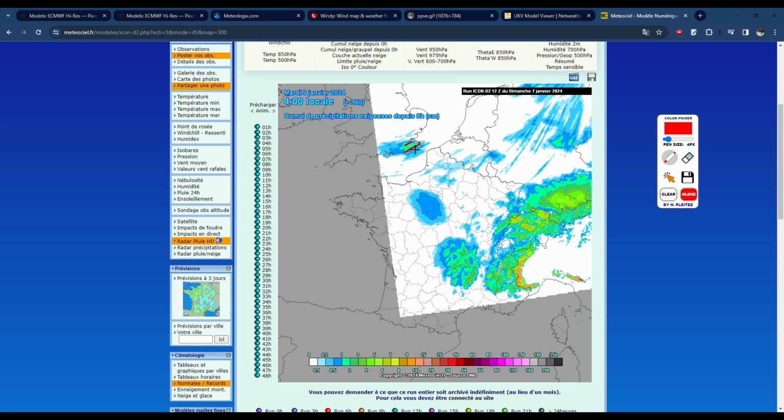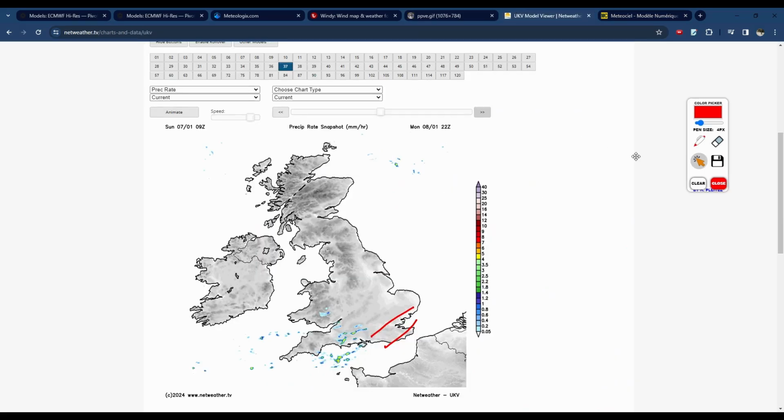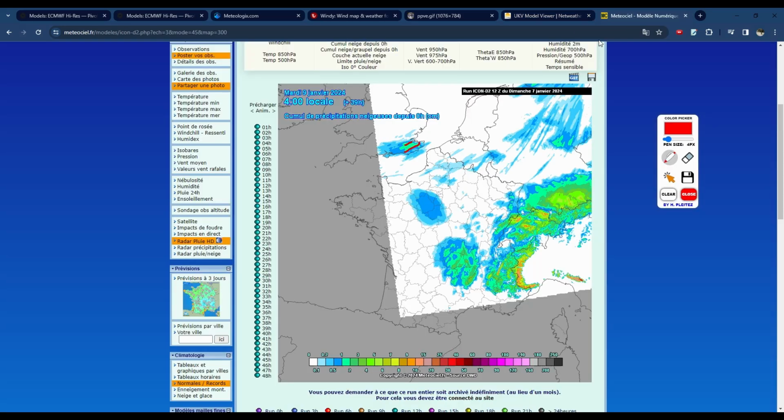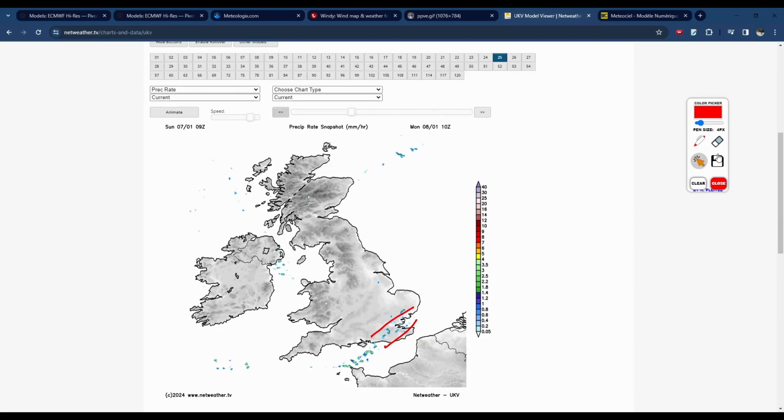So it's possible that in reality we might even see more showers than what the UKV is showing, and we could see a more widespread snow threat. So this model here is not completely out of the question, but it's probably towards the higher end of possibilities.